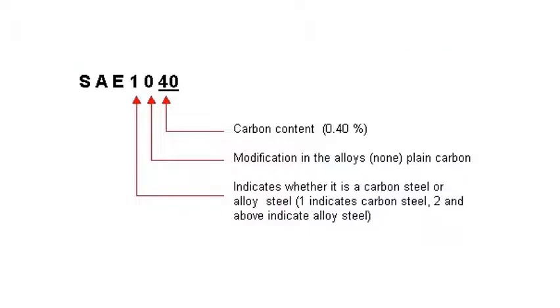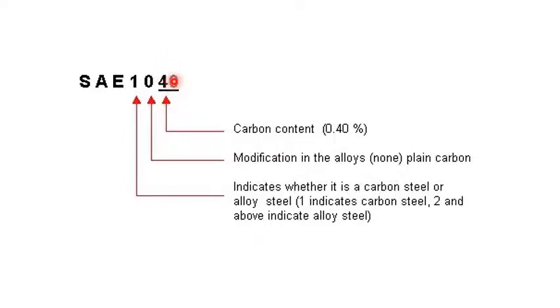When we see the whole thing, all four digits, SAE is the Society of Automotive Engineers, and the first digit indicates the plain carbon steel. The second digit 0 indicates no modification in the alloys, meaning no alloy content is added. The last two digits indicate the carbon percentage in the steel, in weight percentage.